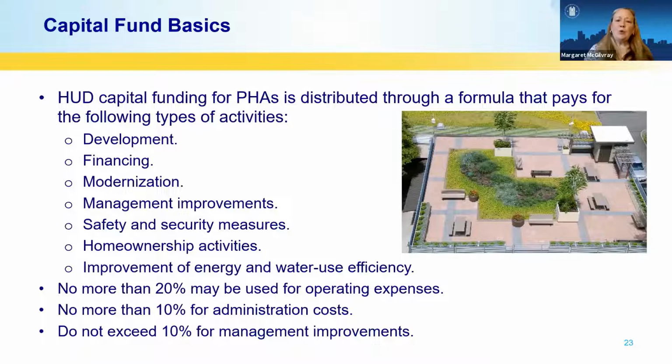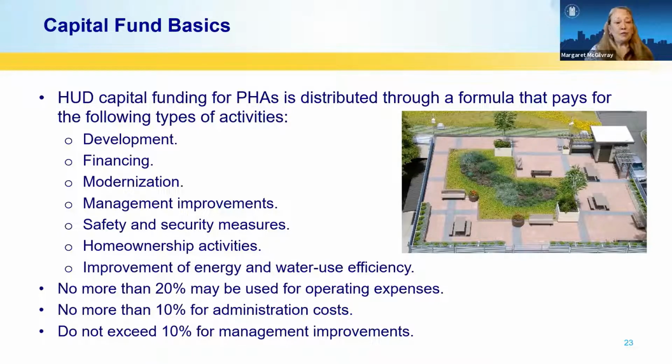You can also enhance self-sufficiency or employability or economic self-reliance of public housing residents and address problems that are confronting the housing authority. For instance, if you're having difficulty collecting rents, you may need to update your financial system software. So that can be done under management improvements.